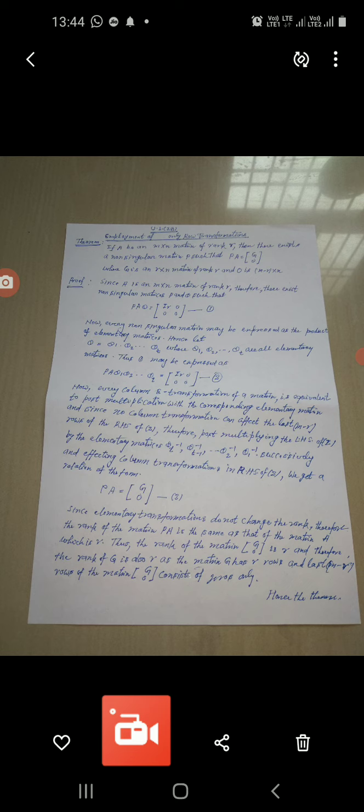Therefore PAQ is written as I2 0 0 0, where P is equal to 1 0 0, 1 by 2 minus 1 by 2 0, minus 2 minus 1 1, and Q is equal to 1 minus 1 0 row-wise, 0 1 minus 1 and 0 0 1. Since A is equivalent to I2 0 0 0, therefore the rank of A is equal to 2.